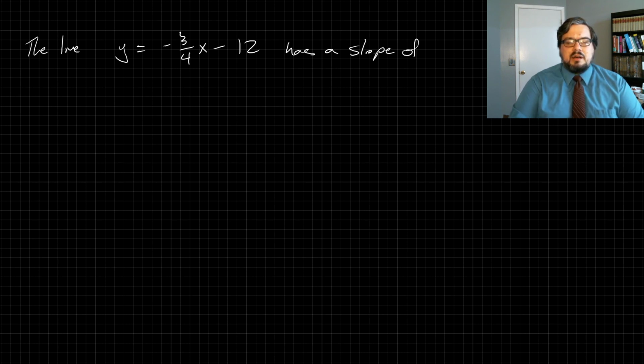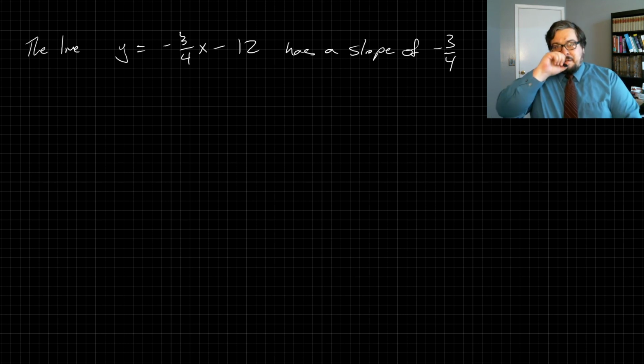So, for example, we saw that the line y equals -3/4 x minus 12 has a slope of -3/4. We saw that already.